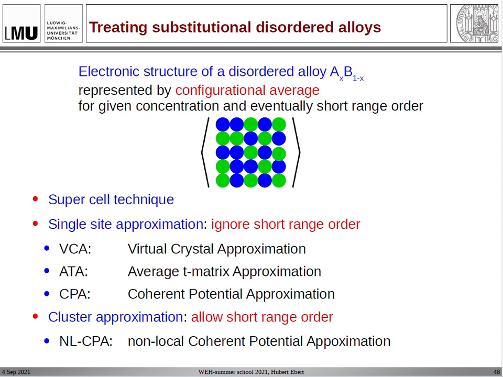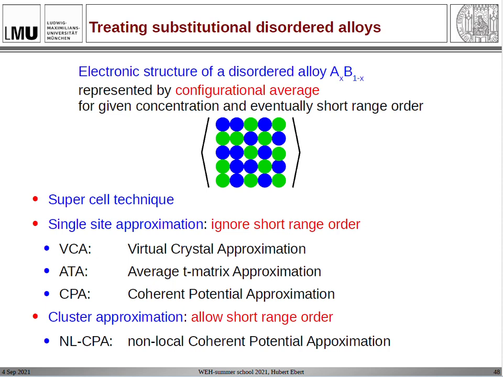The idea was, hopefully, we get a reasonable result. For example, if you take the average Z value, then it should mimic the 50-50 alloy. But what you lose immediately is, of course, the element-specific character. There is no palladium and no silver anymore. There is only some non-existent element present.